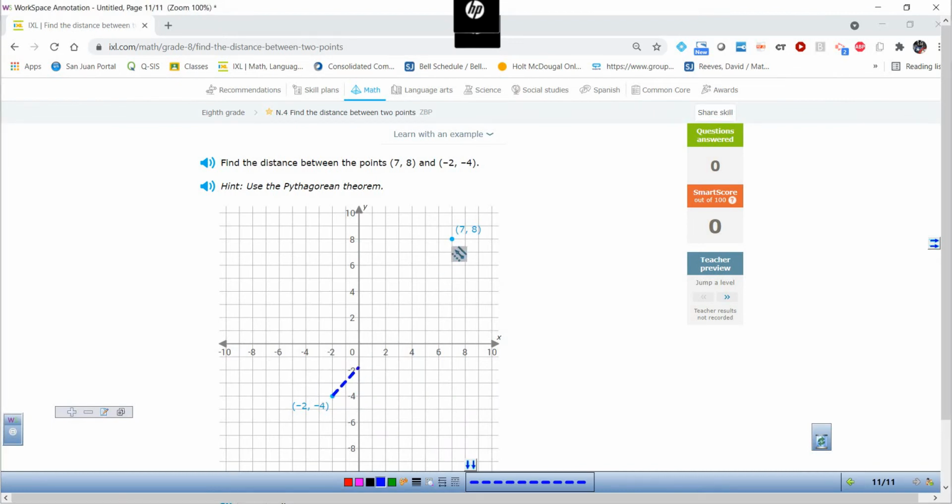So we're trying to find this distance right here, and we usually label the distance that we're trying to find d. Now, if you want to use the Pythagorean Theorem, then from one point you go vertically, in this case down, and from the other one horizontally over.